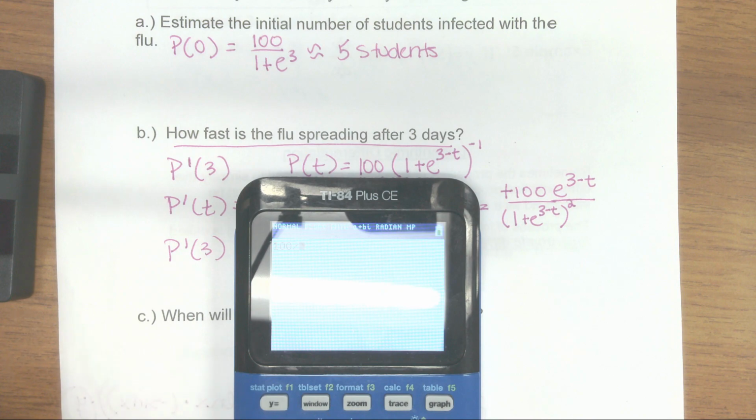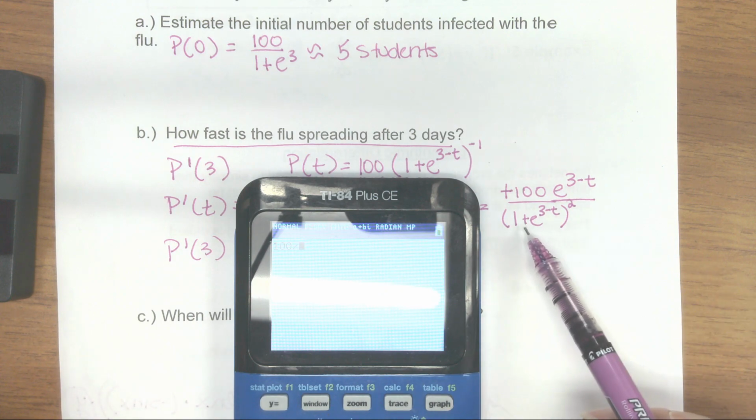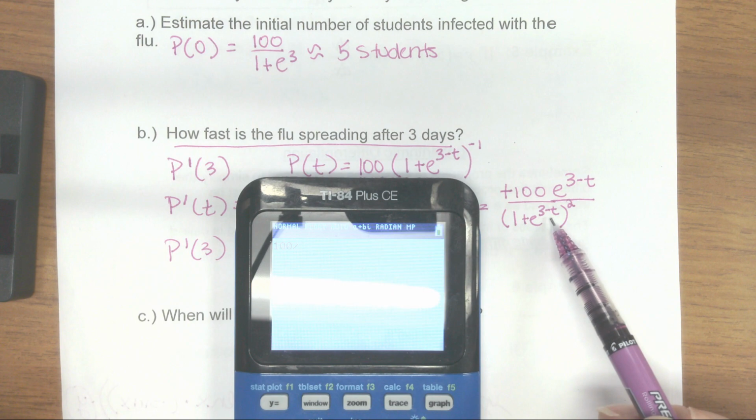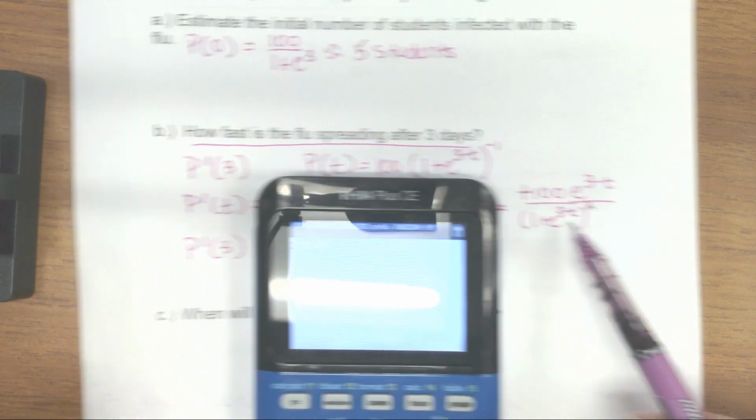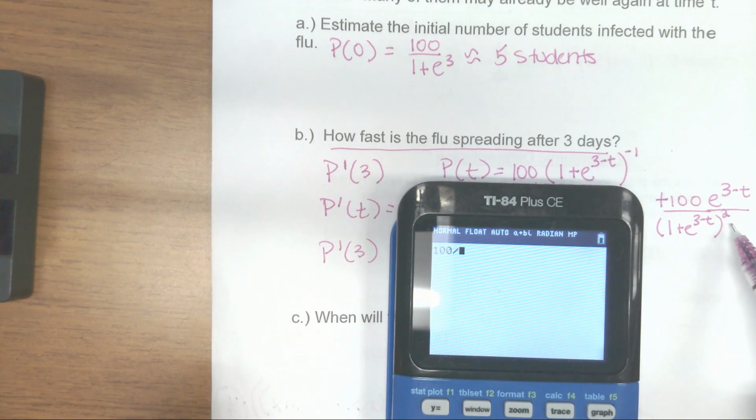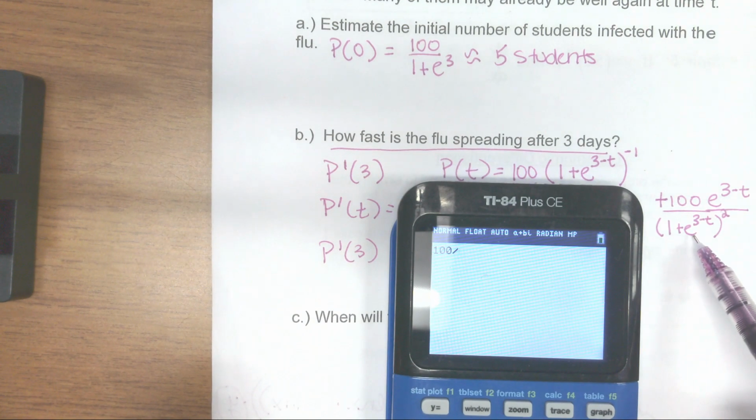And then on the bottom, I have 1 plus e to the 0, which would be 2 squared. Are you following? 1 plus 1 is 2, and 2 squared is 4.